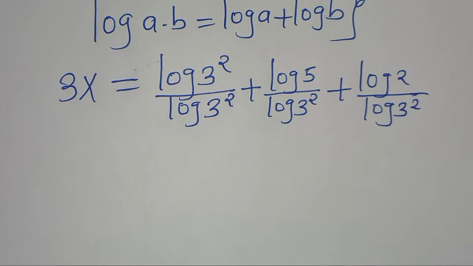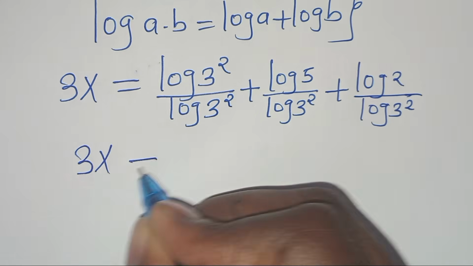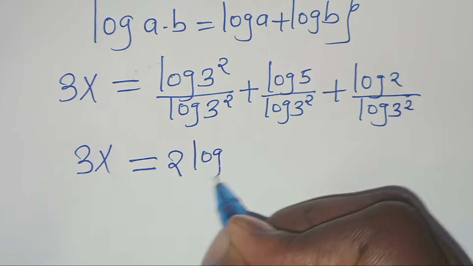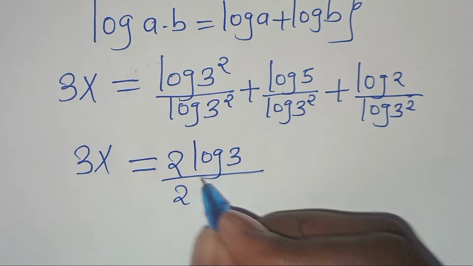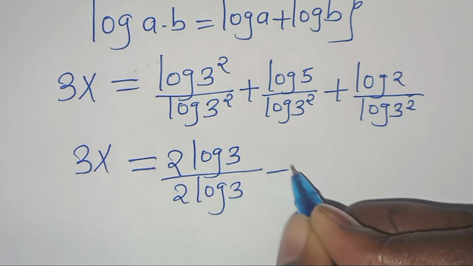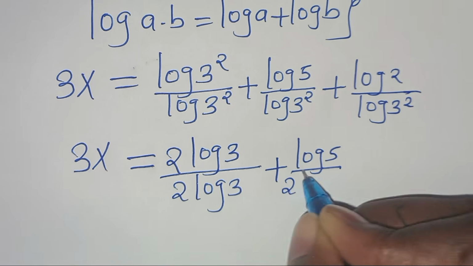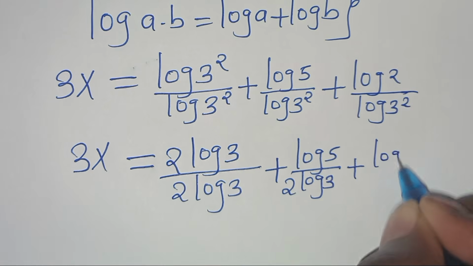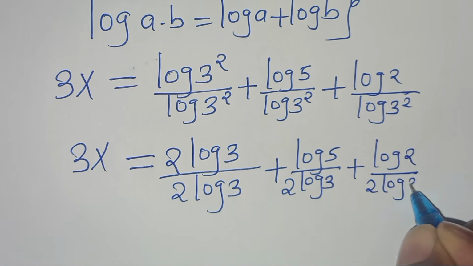Now, the next step is to apply the power property here, so that we have 3x equal to log 3 to the power of 2 becomes 2 log 3 divided by 2 log 3, then plus log 5 divided by 2 log 3, then plus log 2 divided by 2 log 3.